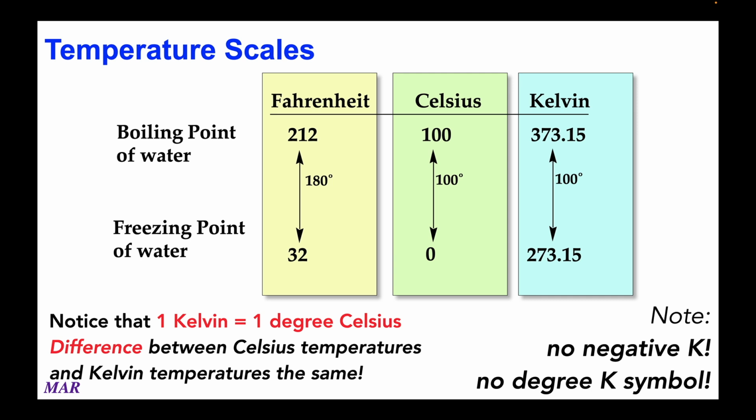Why we want to stay away from Fahrenheit is because here's a comparison of the three scales. Celsius and Kelvin on the right and Fahrenheit on the left. Notice the difference between the freezing point of water and the boiling point of water. Celsius and Kelvin both have it set up so that it's exactly 100 degrees, one of those powers of 10, which is super, super cool.